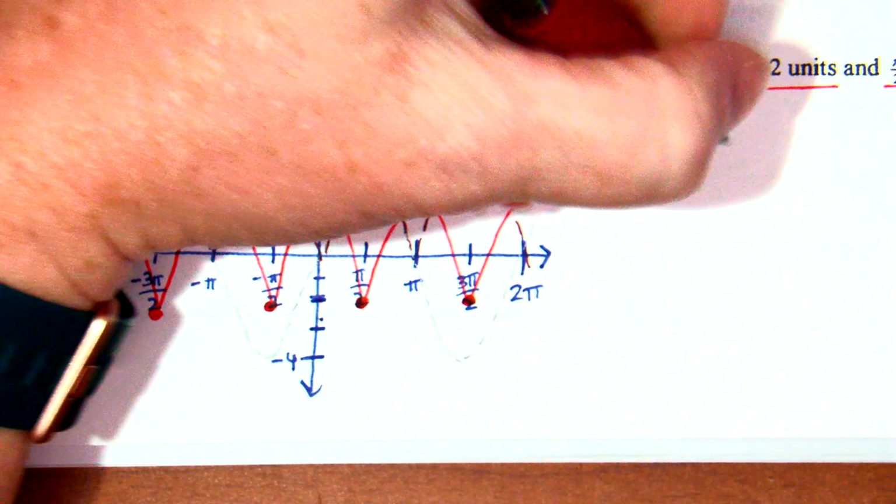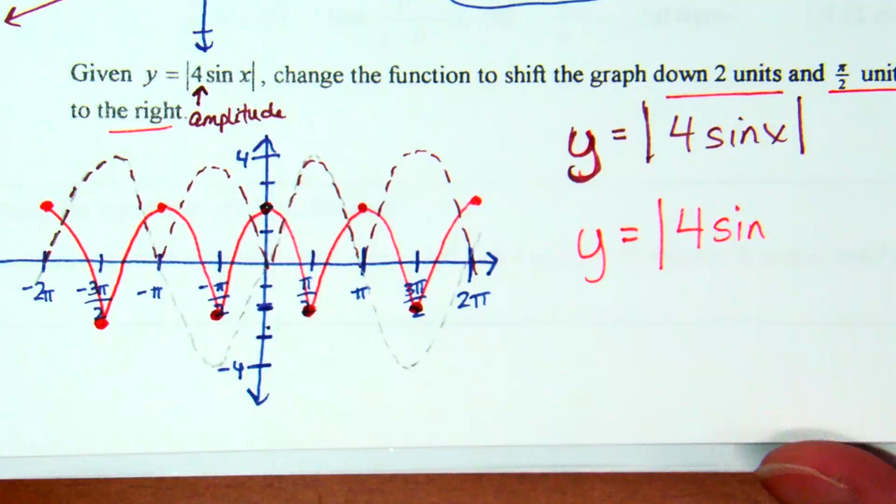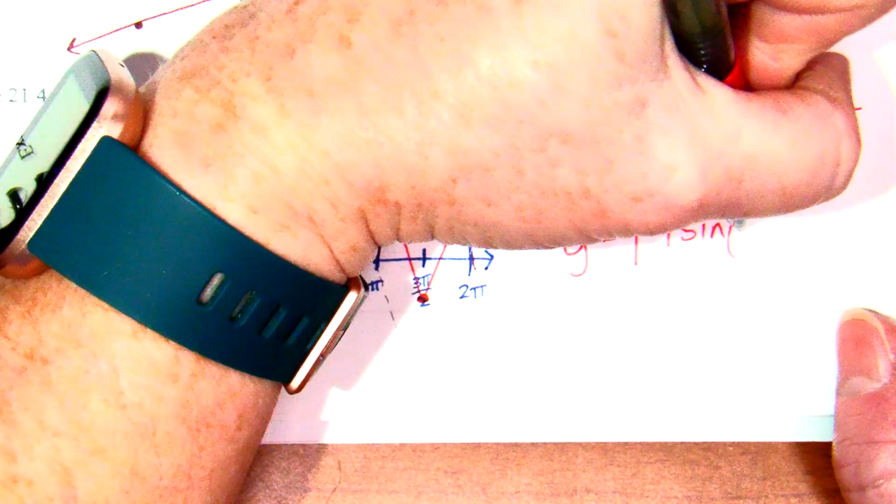What do you have to do to the x? Throw it in parentheses, and since it was pi over 2 to the right, we're going to say x minus pi over 2 in parentheses, and absolute value, and then the down 2 is minus 2. So that is the equation that represents what we just did.